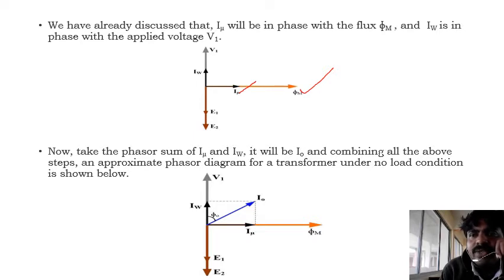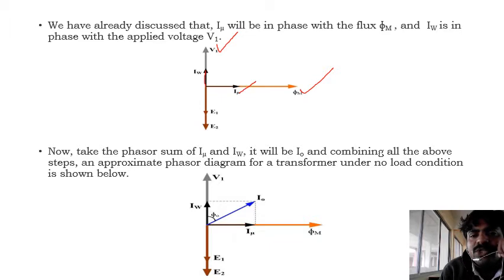And also we discussed that IW is in phase with the applied voltage. So IW can be drawn here, in phase with the applied voltage V1. Now we consider the sum of these two phasors.